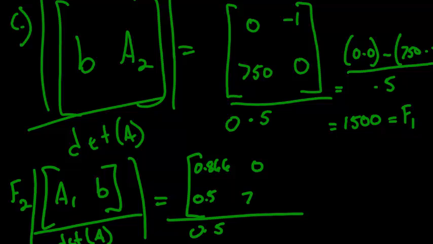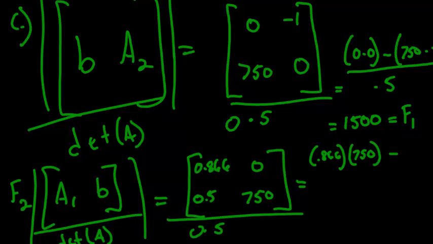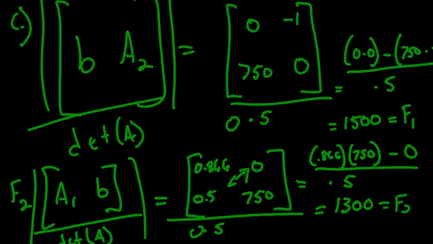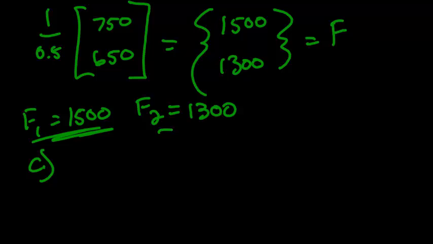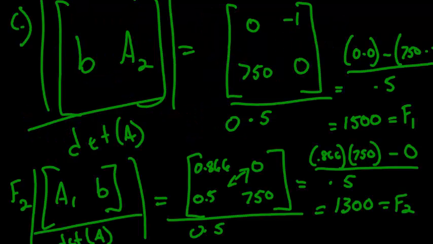This is now equal to 0.866 times 750 minus 0, because 0 times 0.5 is 0, and then we divide this by 0.5. Once we crunch the numbers, this gives us 1,300 equal to F2. And this is the same thing that we get by doing the matrix solution.